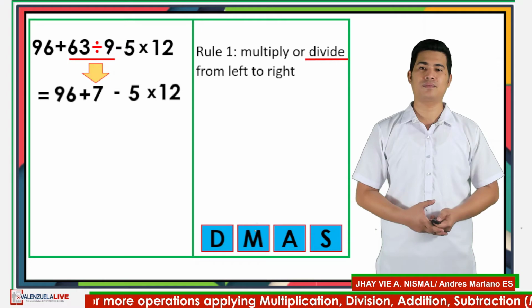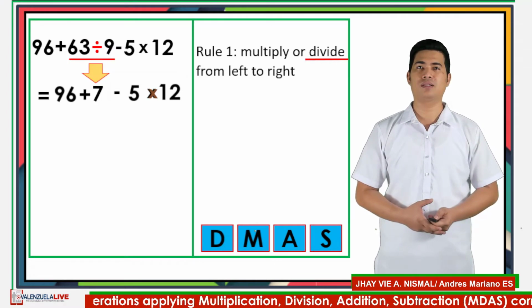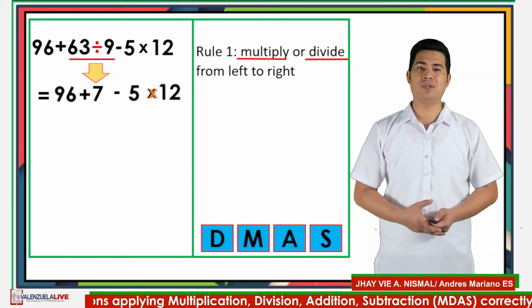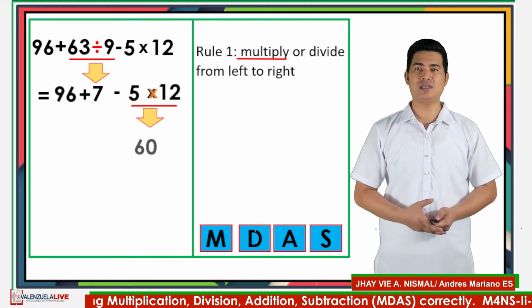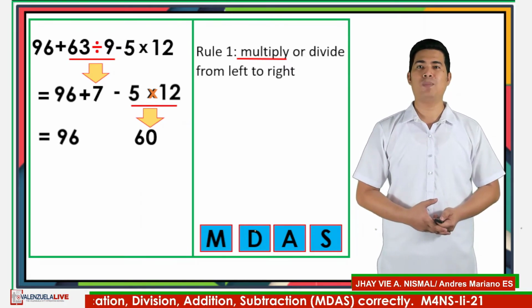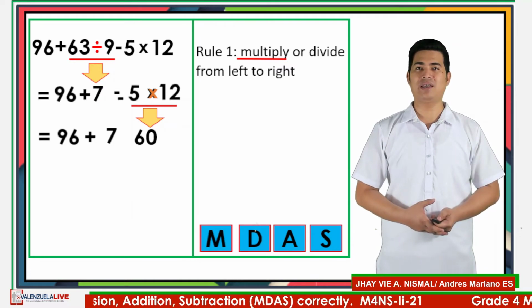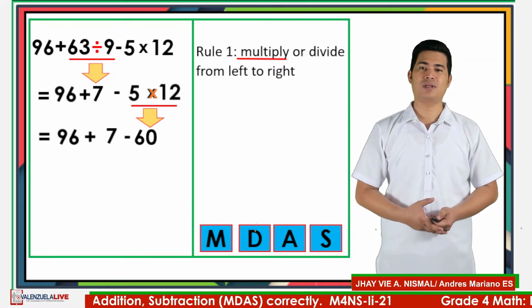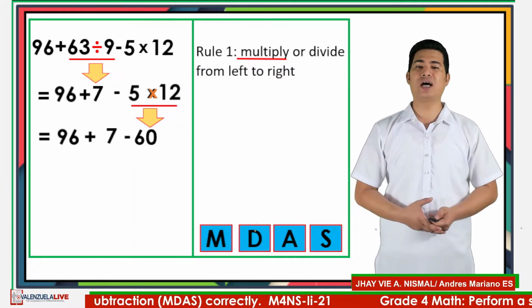Next, proceed to multiplication. Let's multiply. 5 times 12 is equal to 60. Then bring down 96 plus sign, 7, and minus sign. Then let's proceed to addition or subtraction.